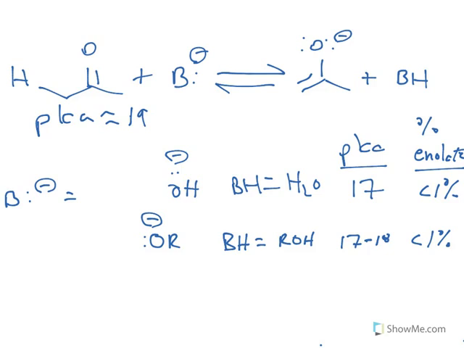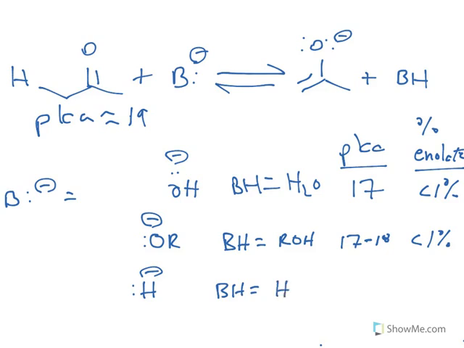Now we can get really serious here and look at something like hydride. Don't get confused. Earlier we were talking about group 13 hydrides. Those are the reducing hydrides. We're going to be looking at group 1 hydrides. Group 1 hydrides are actually basic. These are like your sodium hydride, potassium hydride, so NaH or KH is what we're going to be talking about here. What is their conjugate acid?